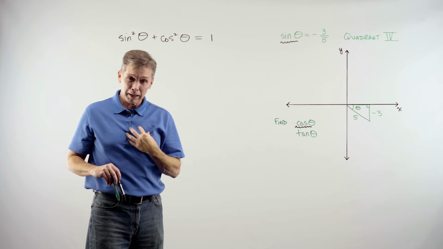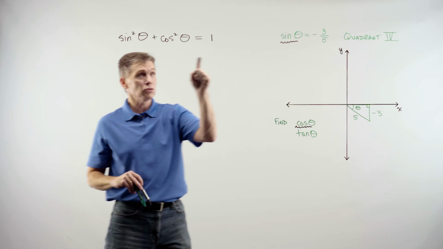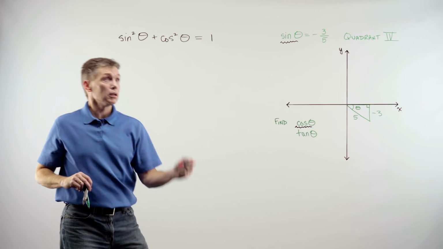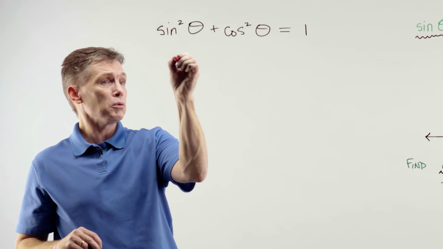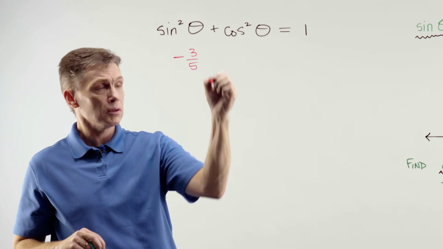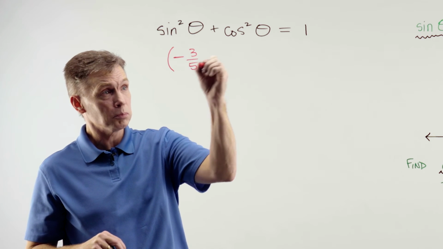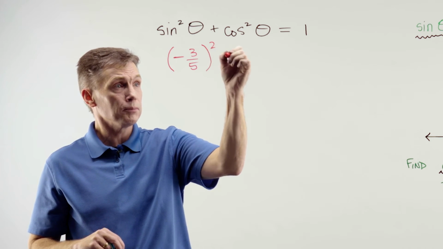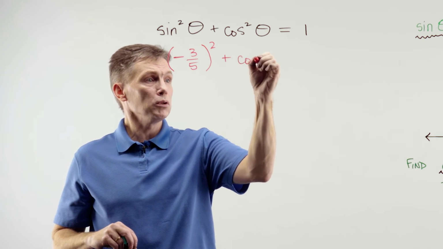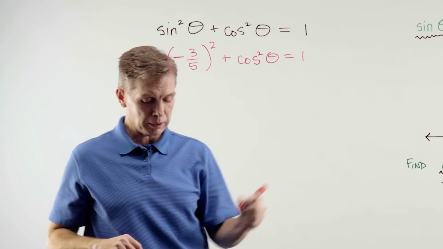It came into my head because I'm looking for cosine, I know sine, and this identity has both of those in there. So let's put in the specific values we know: -3/5, my sine of theta, but it's squared, so I'll use parentheses and square it, plus cosine squared of theta, which is what I'm looking for, equals 1.